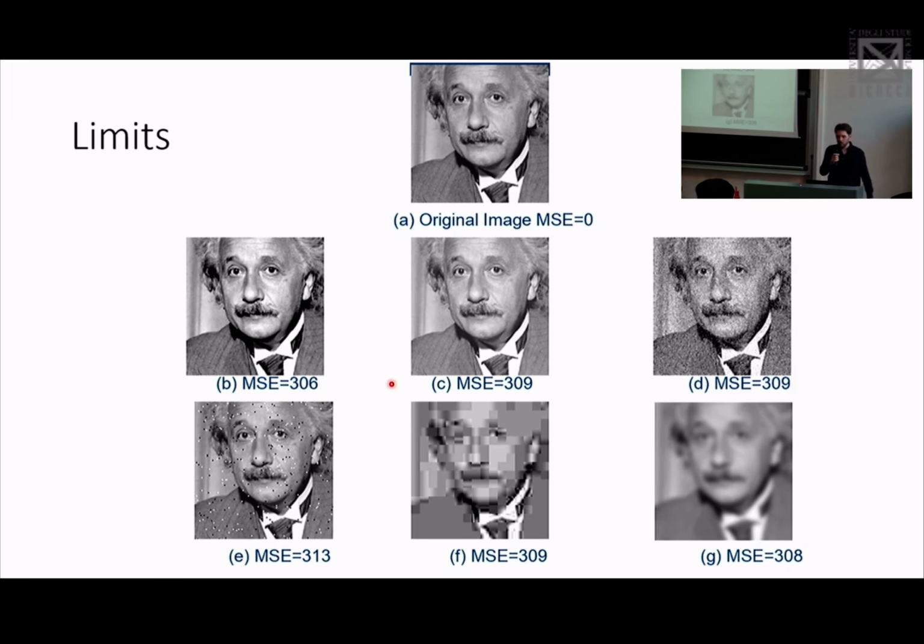Just to show you, there are some limits to the mean square error. Suppose you take this image here, and it turns out that all of these 6 images have the same mean square error. And you might ask yourself why, because I guess that your brain likes this image maybe even better than the original one.